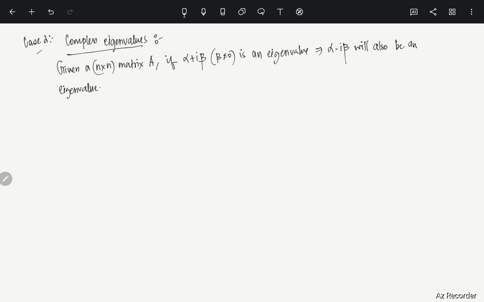We start with finding an e^(lambda t) kind of solution. Suppose alpha plus i beta is an eigenvalue, and let's call the corresponding eigenvector v.